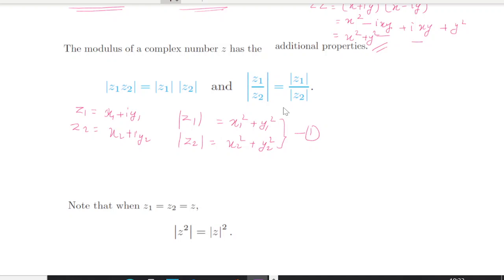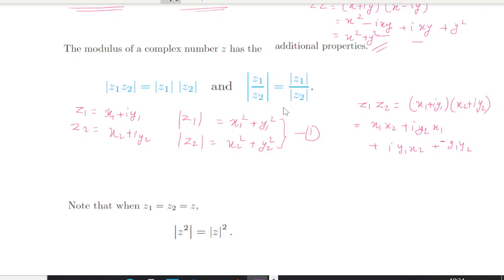Now we come to z1 z2. z1 z2 equal to x1 plus iy1 into x2 plus iy2. Now when we multiply, you will get x1 x2 plus i into y2 x1 plus i into y1 x2, plus i square y1 y2.